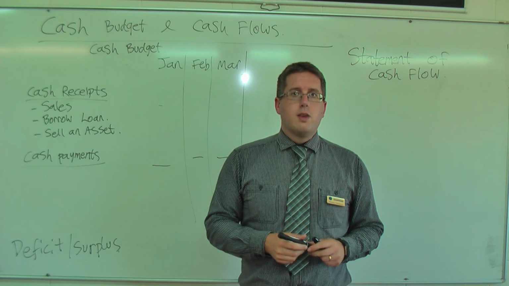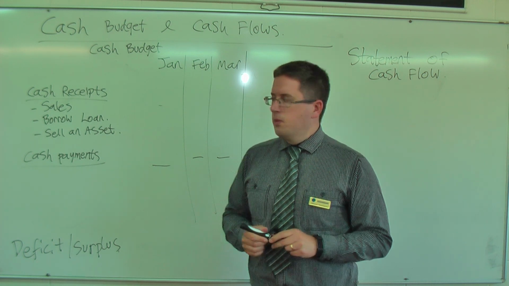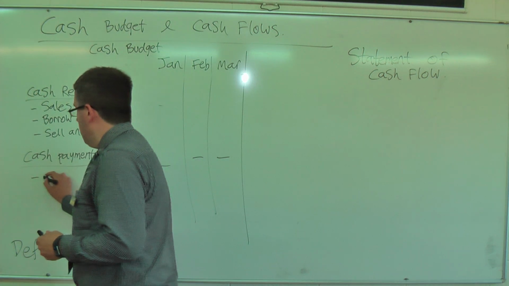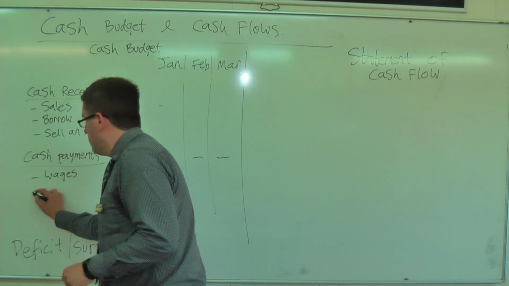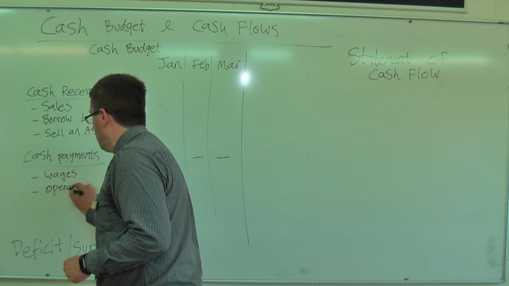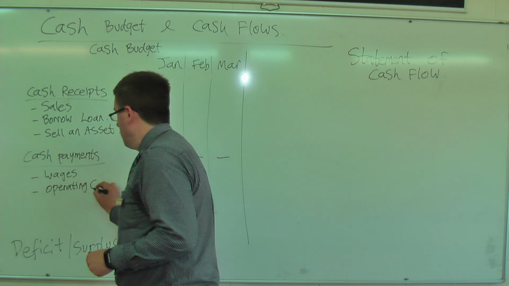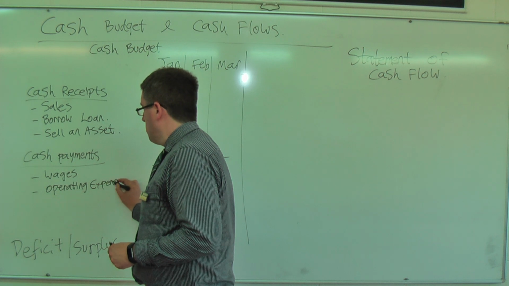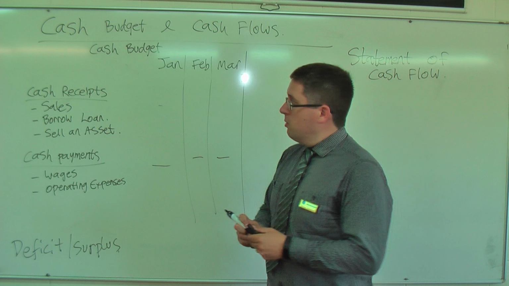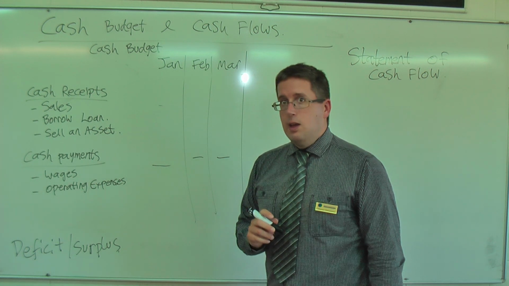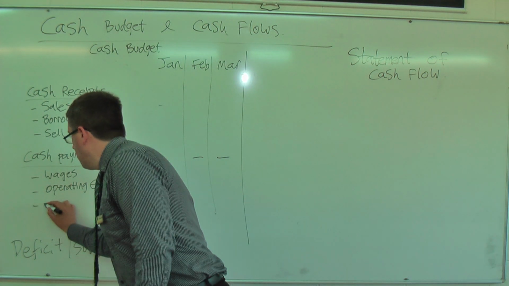Same thing can go with some cash payments. So before, yes, we had various expenses like wages or other operating expenses. That's fine, that's our normal expenses. But we can also have to spend money by maybe repaying part of that loan.